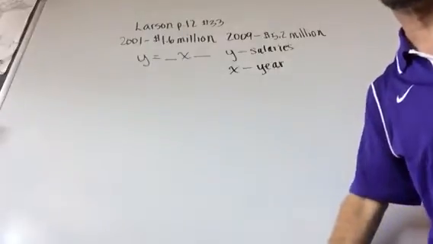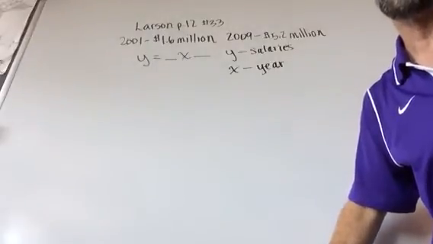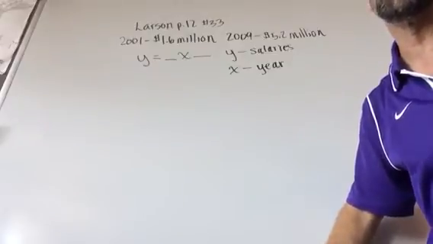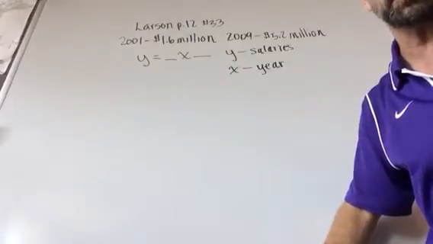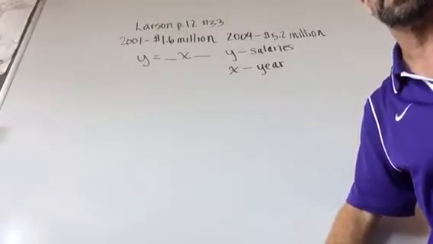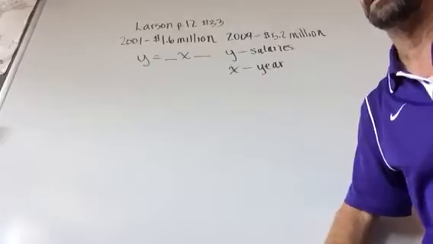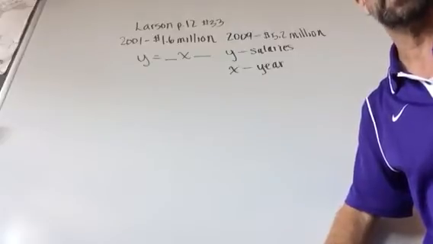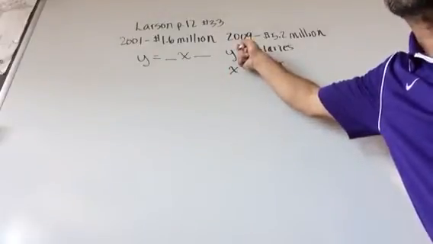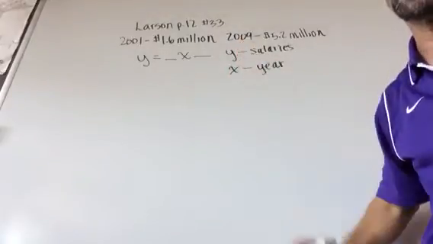Another thing that we do in this problem that is just a convention is we will typically not use 2001 to represent the year. We're typically going to say that 1 is going to represent 2001, and 9 is going to represent 2009.